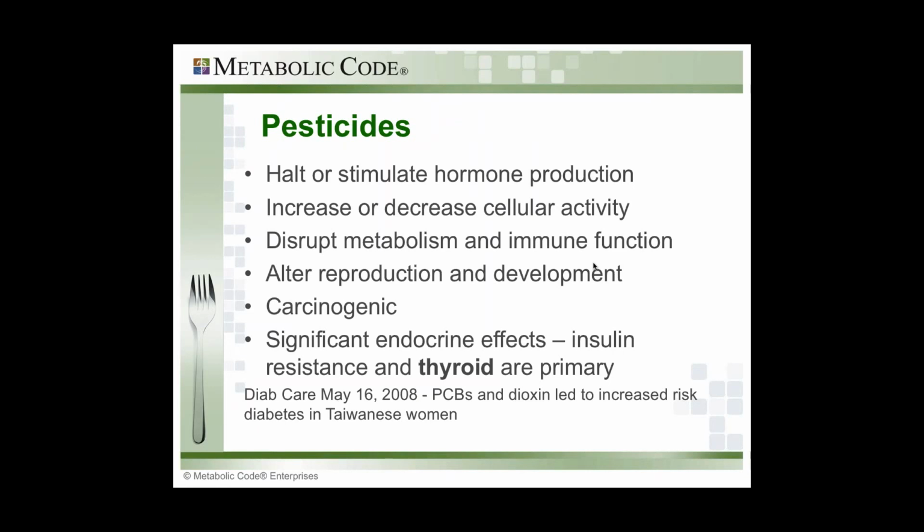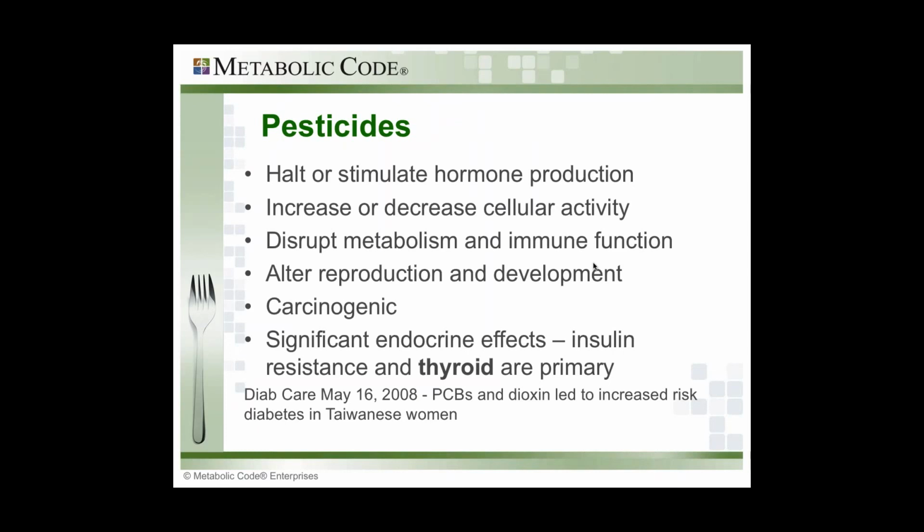The studies are really elucidating what goes on. We know that a lot of these pesticides will halt or stimulate hormone production. For example, phthalates stimulate like estrogens, and remember I said excess estrogen is bad for thyroid because it increases thyroid binding globulin.